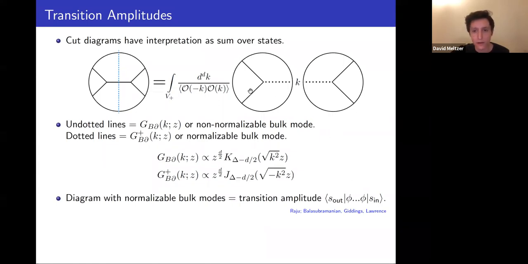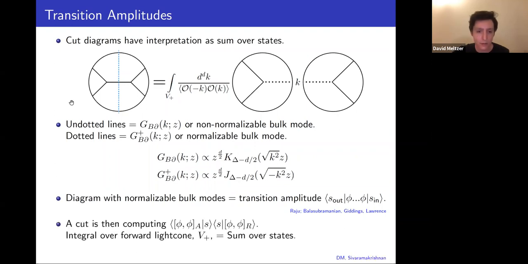Here would be two operators where maybe S out is non-trivial and S in is the vacuum. This gives us an interpretation for this diagram: it just corresponds to inserting some states between my pairs of operators, and my integral over the forward light cone is just the phase space integral. And this CFT 2-point function, which was that power of 1 over k I mentioned before, just corresponds to normalizing the exchange states.